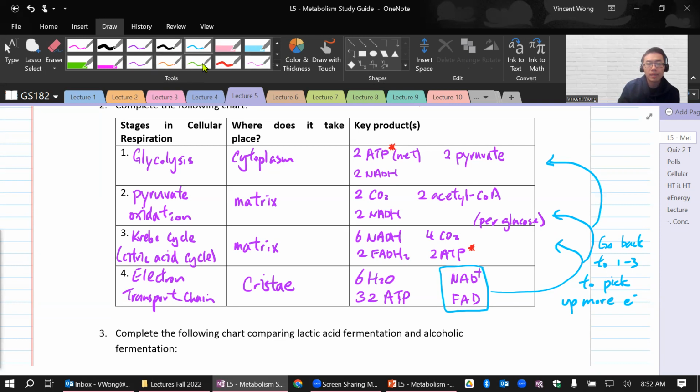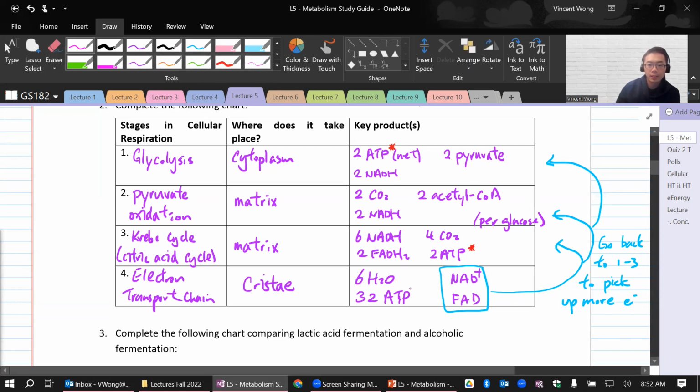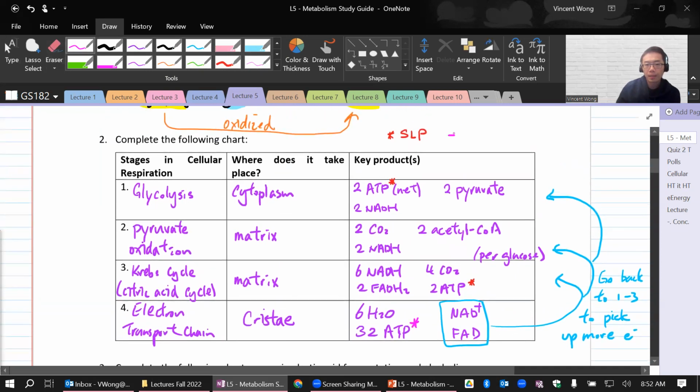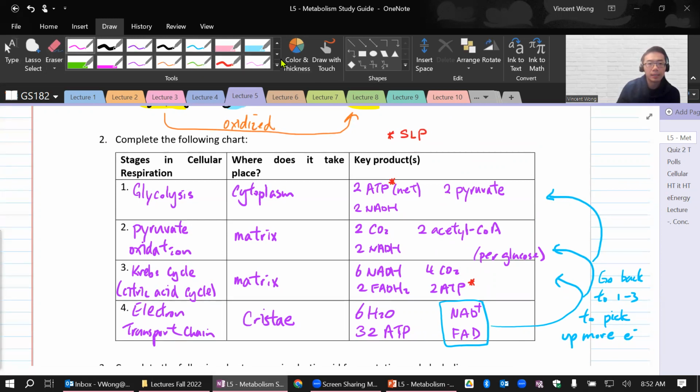Now, if you're still with me, and I hope you are, I'm gonna put a star here. Maybe I should choose a very different color. They look very similar. What other color do I have? Green, maybe?